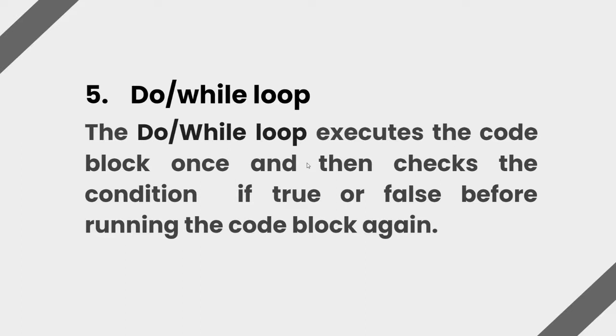So unlike the while loop, which checks the condition first before running the first loop, the do while loop would run the first loop before checking the condition against the second loop. So that's basically the difference between the do while loop we have here and the while loop we saw before.